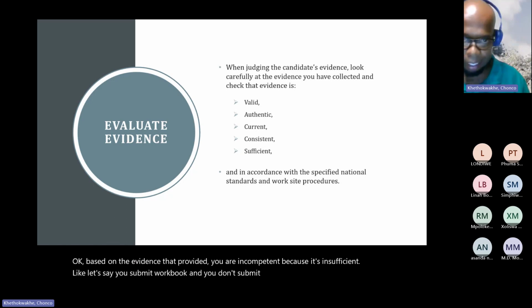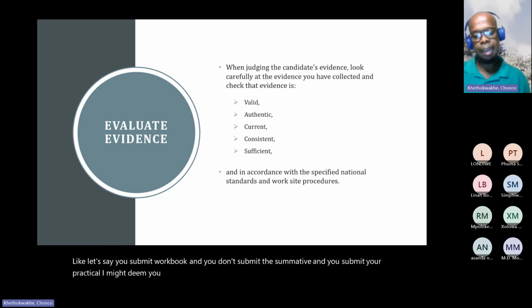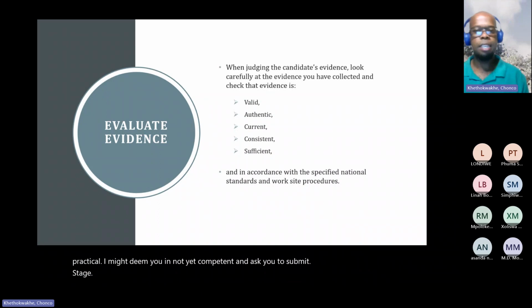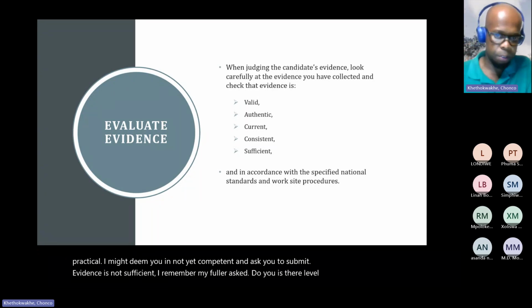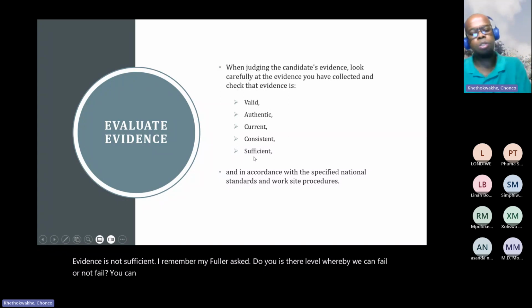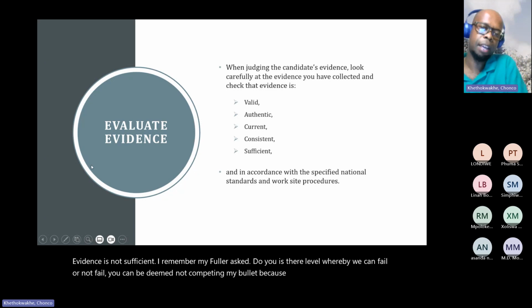I might deem you not yet competent and ask you to submit a summative, because at that stage, evidence is not sufficient. I remember Mapula asked, is there a level whereby we can fail or not fail? You can be deemed not competent, Mapula, because of insufficient evidence.